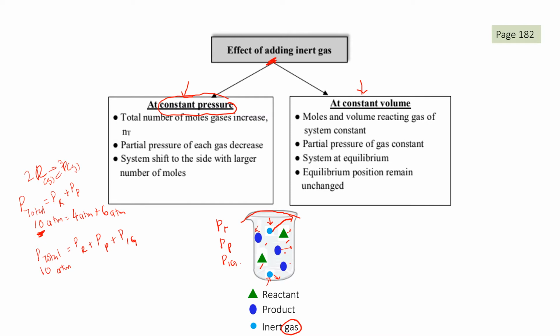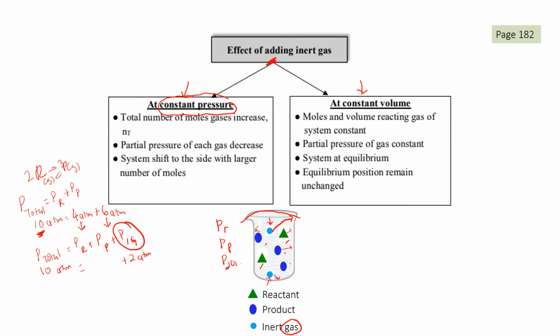Cara untuk mempossiblekan dia adalah kita terpaksa reducekan yang ni, instead of 4 atm kena reducekan dia, instead of 6 atm nak kena reducekan dia sebab nak bagi laluan kepada partial pressure of the inert gas. Contoh, partial pressure of inert gas ni dia akan hasilkan sebanyak 2 atm.